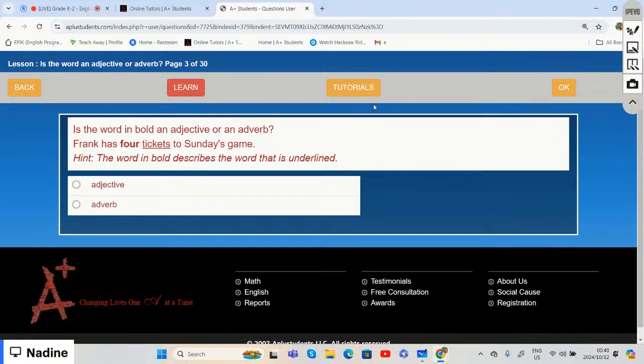The next one says, Frank has 4 tickets to Sunday's game. We need to look at the word tickets or four. Is that an adjective or is that an adverb? 4 tickets. Is that an adjective or an adverb?